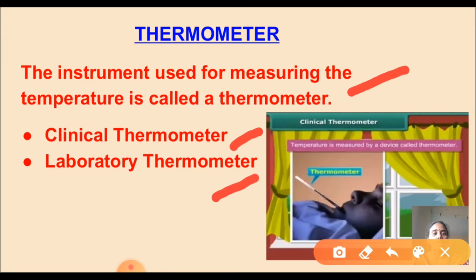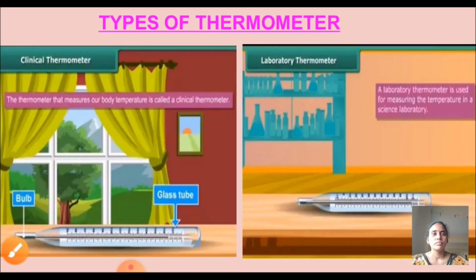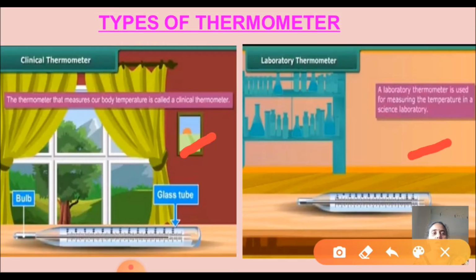Let us discuss the clinical thermometer and the laboratory thermometer. These are the two types of thermometers. The first one is the clinical thermometer and the second one is the laboratory thermometer. What is the clinical thermometer?